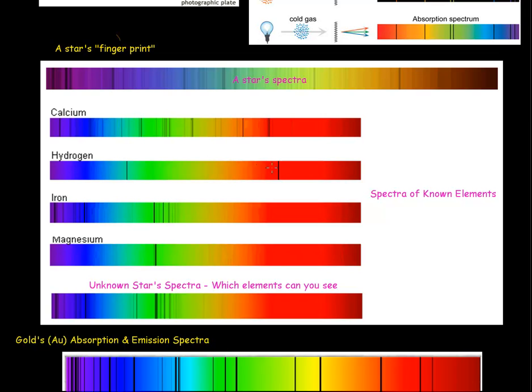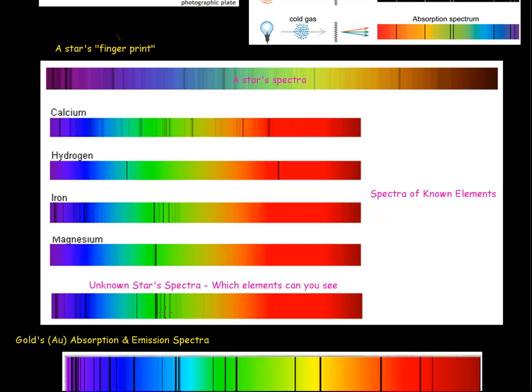Hydrogen produces this set of lines. You see it's not quite as many. Iron produces this set, and magnesium produces this set. If you take a look at these 4, there's nothing alike. They have that nice coloration, and now they flipped it from purple to red, the short wavelength to the long wavelength, but they actually have the same thing, except that these lines appear in different places.